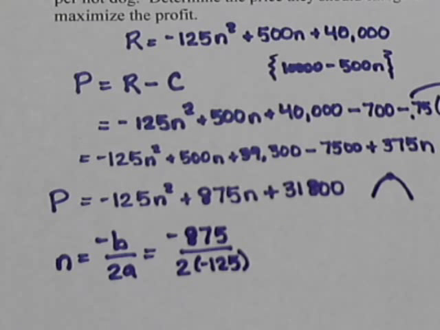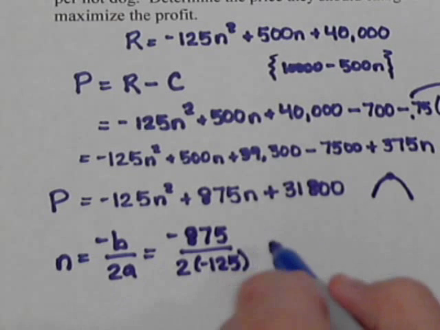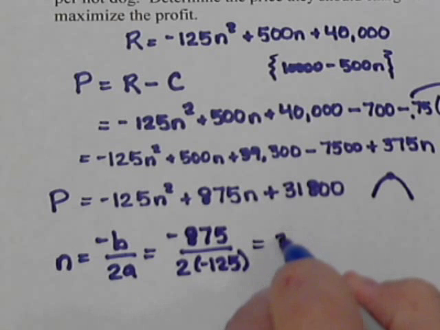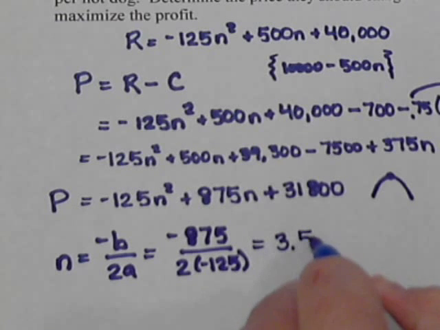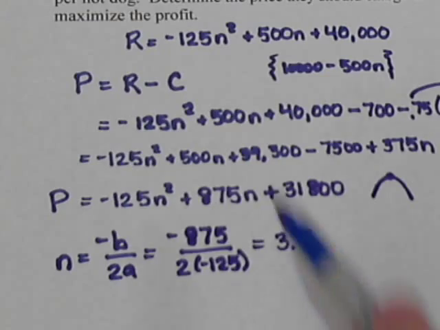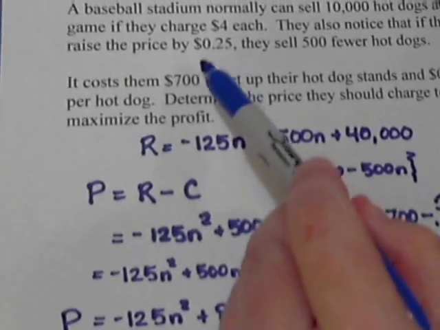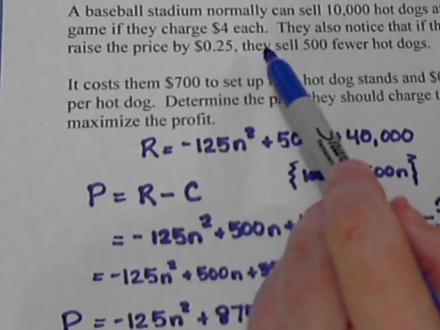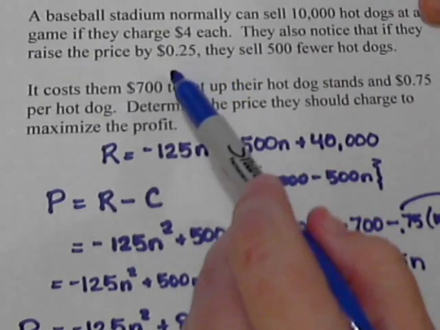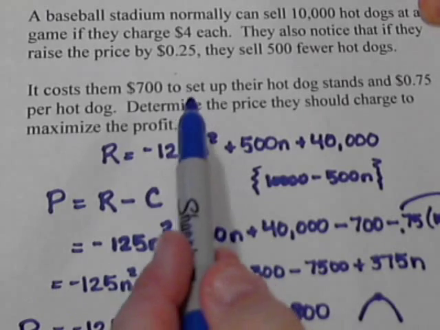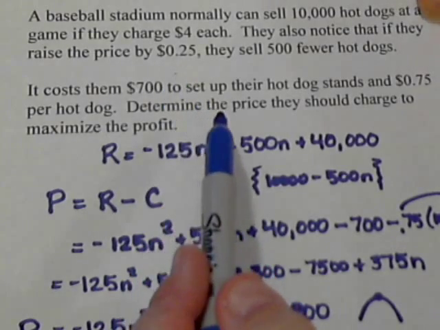And this is going to give us 3.5. So this means to maximize our profit, we need to raise the price by 25 cents 3.5 times. Now, you could round that up to 4 if you want. We'll go ahead and just use the 3.5.